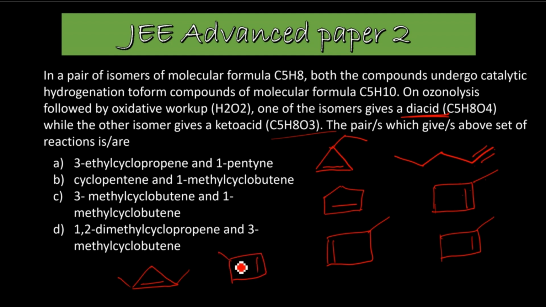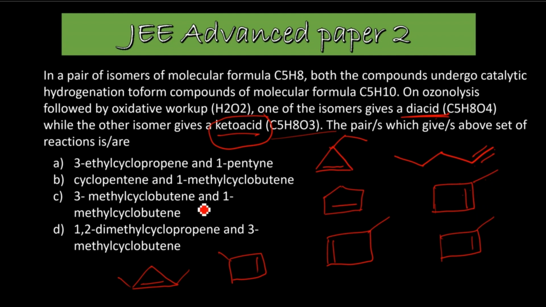Okay. So let's just analyze with the formula given. So one is giving C5H8O4. The other isomer gives the keto acid C5H8O3. If you see the clue point over here, one isomer gives diacid, the other isomer gives keto acid. So if I want to get a keto acid, it means the double bond should have a substituent group attached. So out of these, which has the double bond attached with a substituent group?